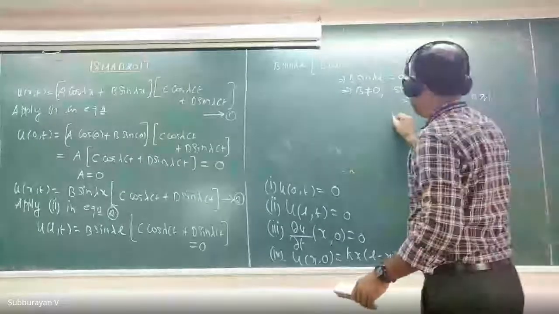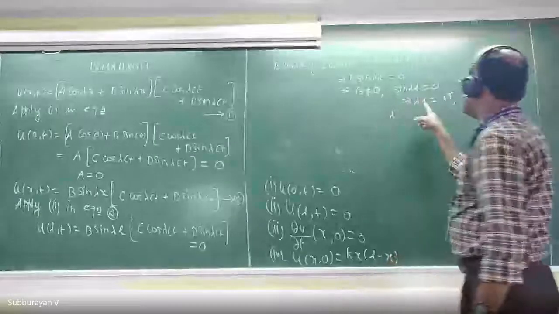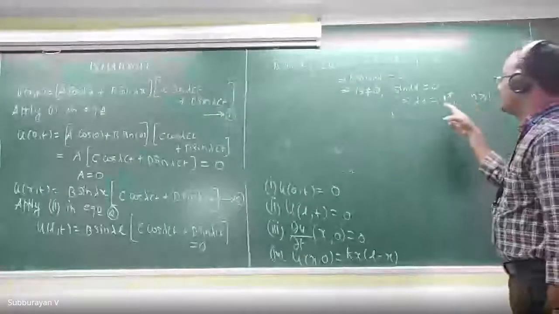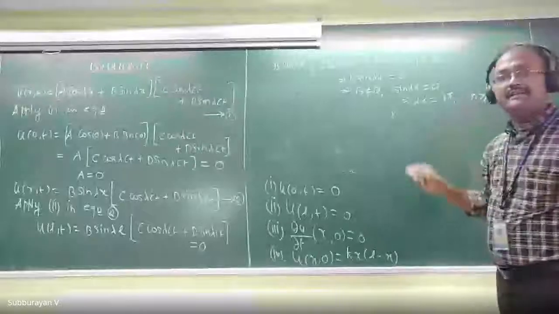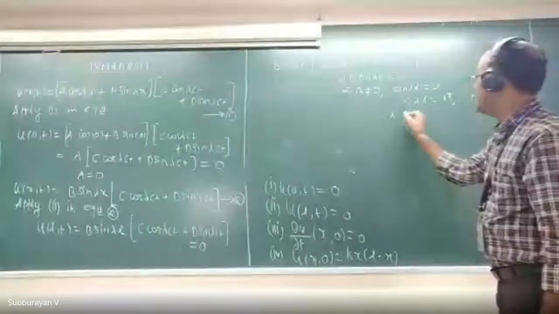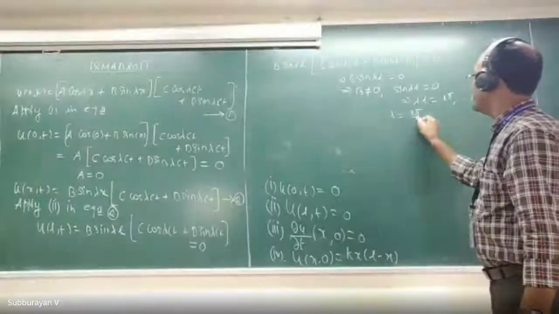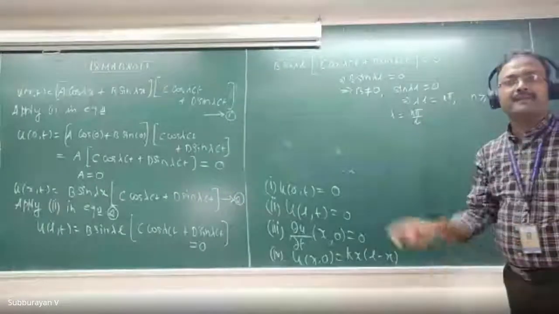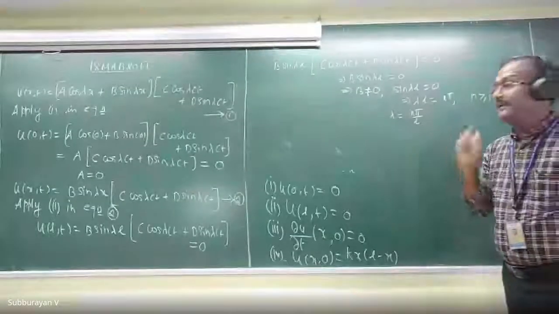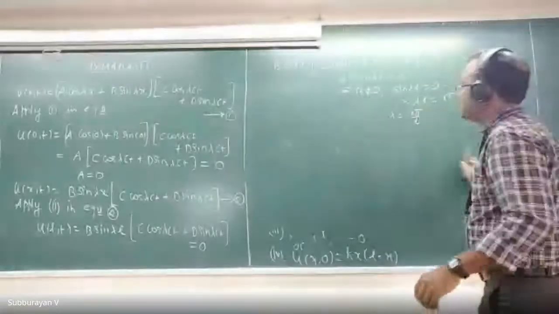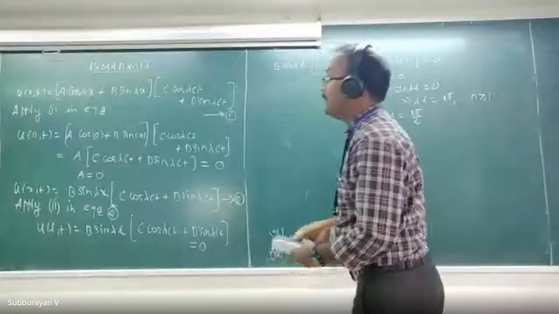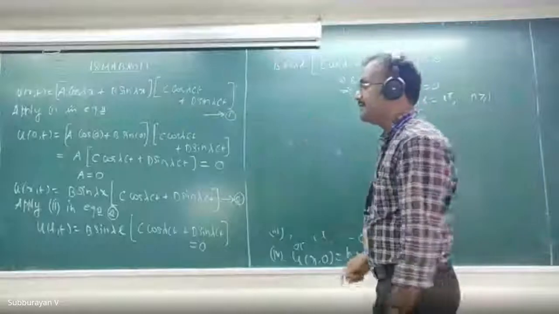If lambda L equal to n pi, remember all these things are known. L is known, n is some positive number, and pi is a given irrational number. Therefore, lambda equal to n pi by L. We have found out the expression for lambda. Now replace the value of lambda in equation number 2.